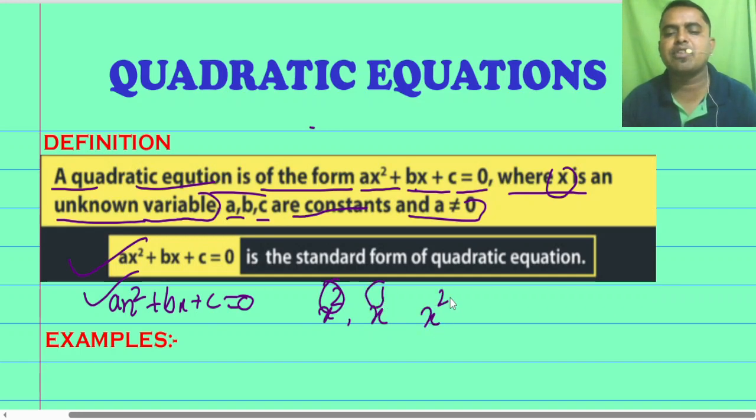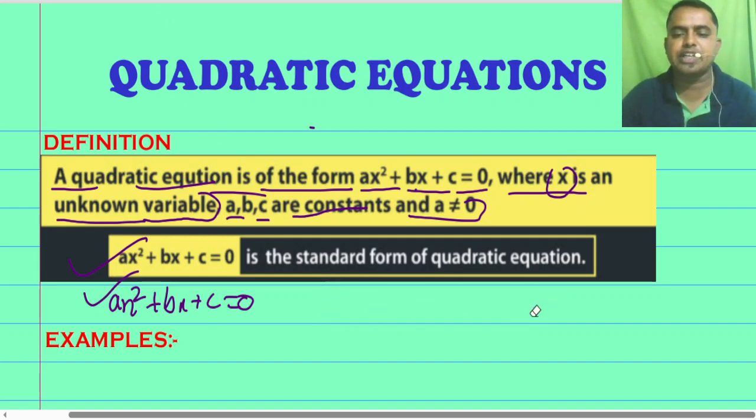Here it must contain x square and x, a second degree variable as well as a first degree variable. In x square we have second degree, that is the power is 2. In x the power is 1. It must contain x square and x. Such type of equations are called quadratic equations.